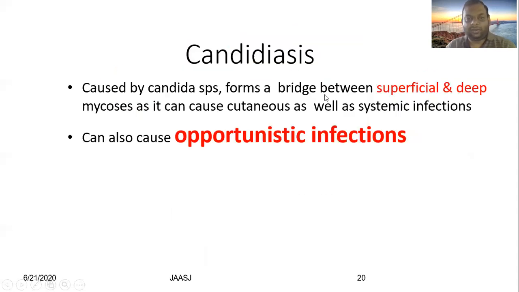Candidiasis is covered in separate lectures. It is caused by Candida species because it's very important. It's an emerging fungal pathogen commonly found as a hospital-acquired infection among immunocompromised individuals. So it is an opportunistic infection. It causes superficial as well as deep infection, including cutaneous and systemic.